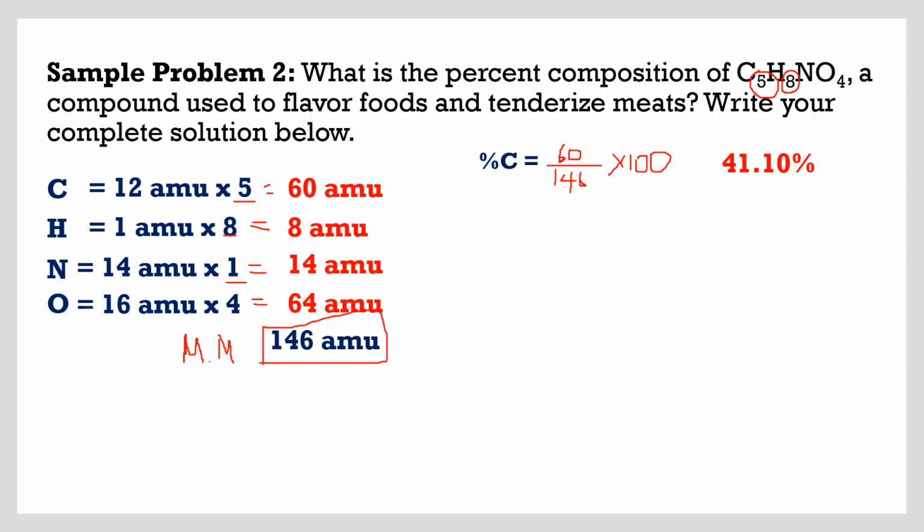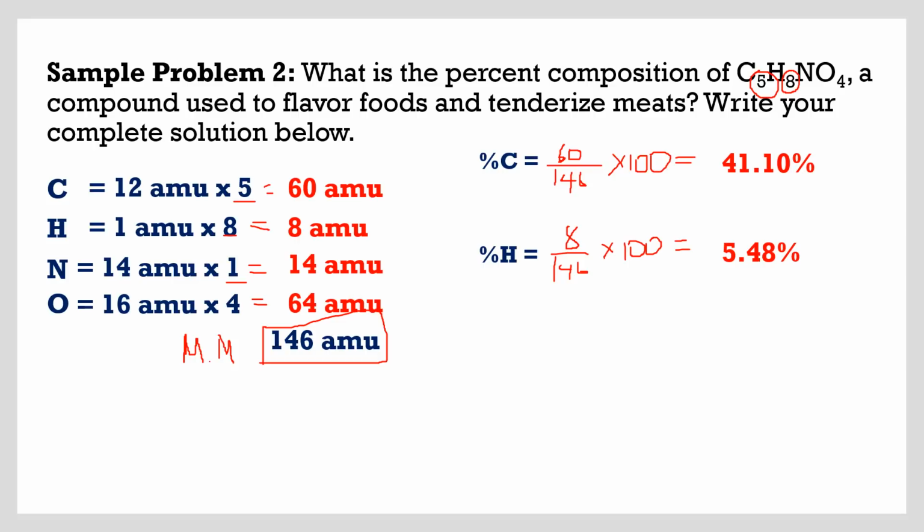So the answer is 41.10%. For hydrogen, the mass of the part is 8 divided by the mass of the whole, 146, times 100. The answer is 5.48%.